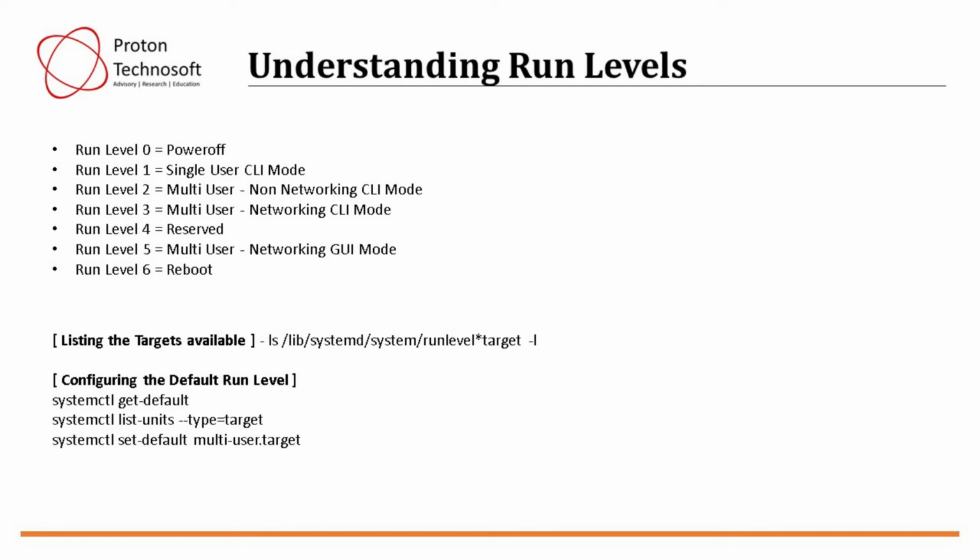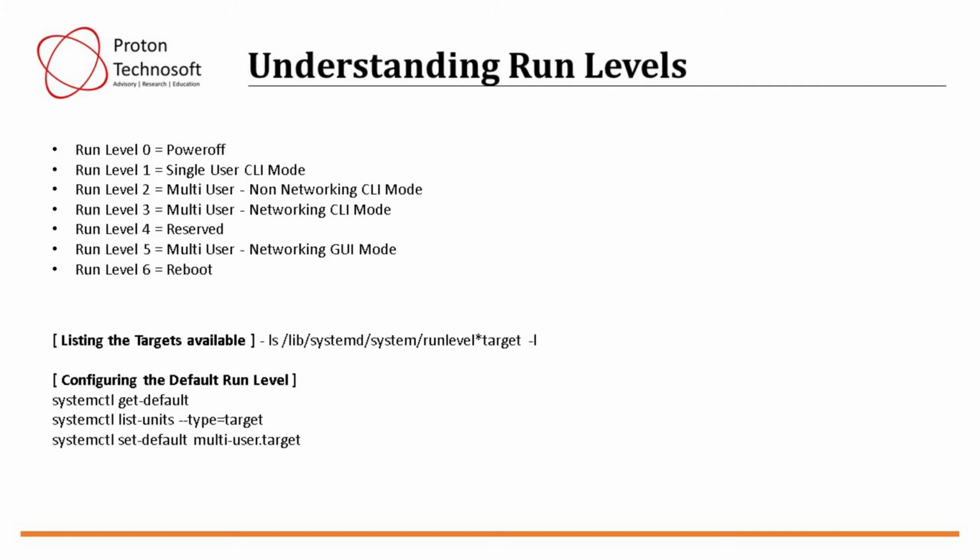Now, from a run level 2 perspective, we have a non-networking CLI mode. And run level 3 is similar to run level 2, wherein it is a networking enabled, multi-user CLI mode. The difference between run level 2 and 3 is all about networking, or the services which will be running from a networking standpoint.